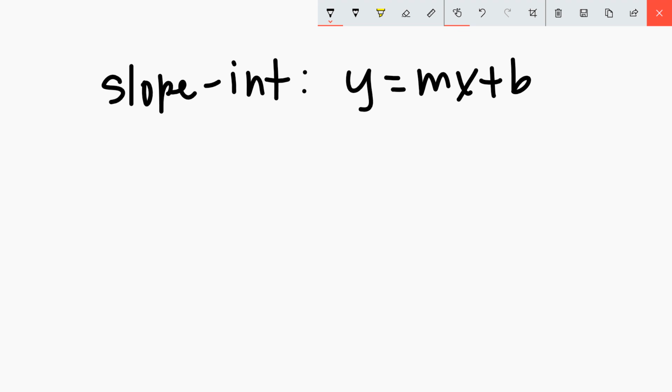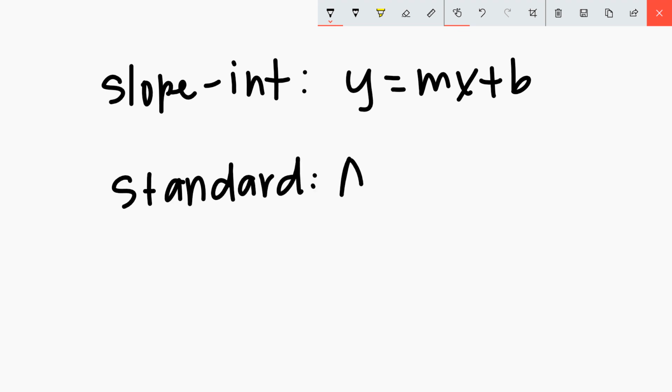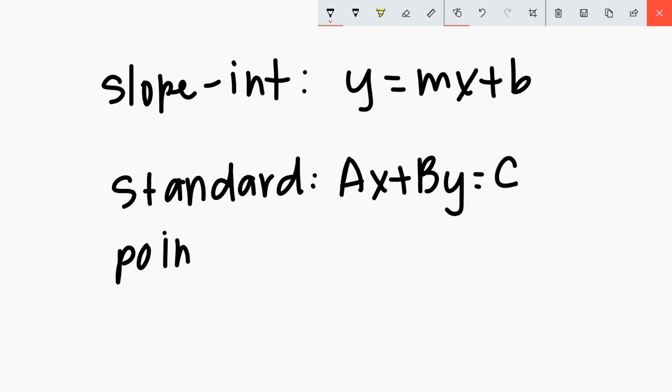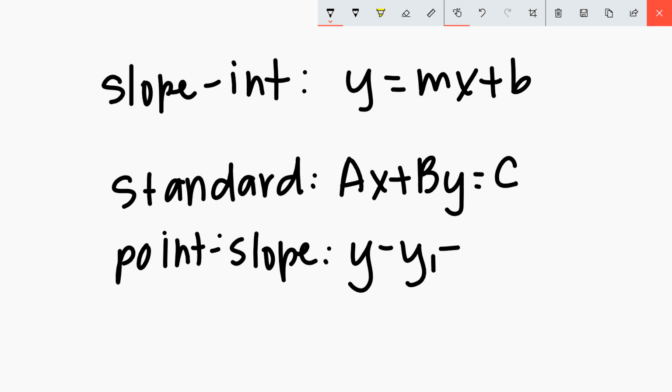You've got your standard, which is your ax plus by equals c. And then finally, your point slope, which is y minus y1 equals m times x minus x1.